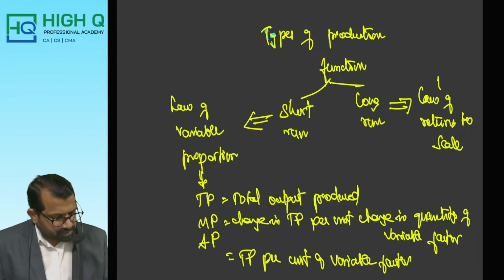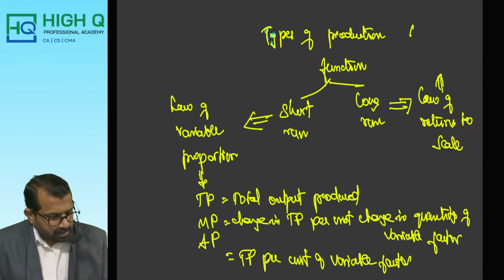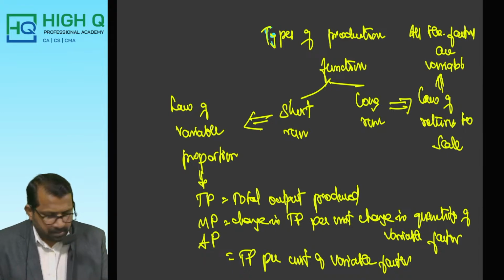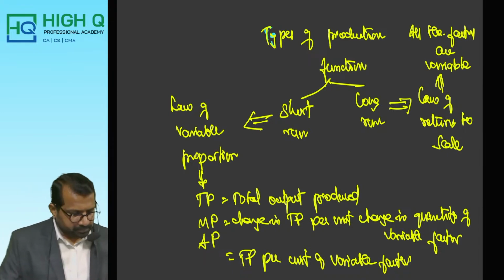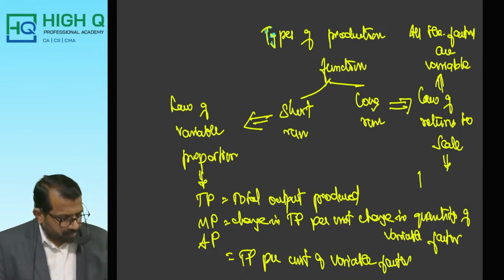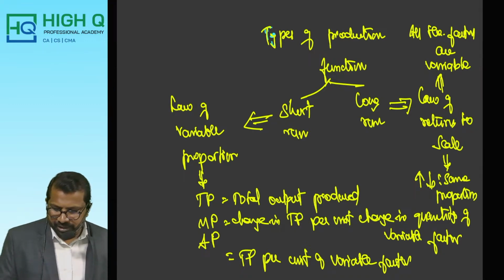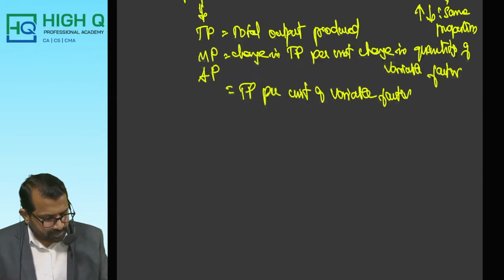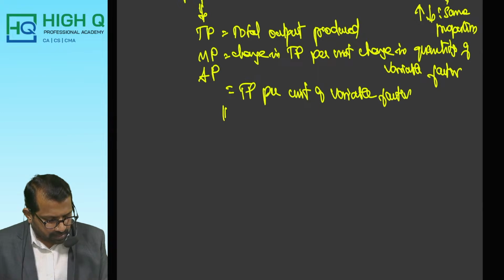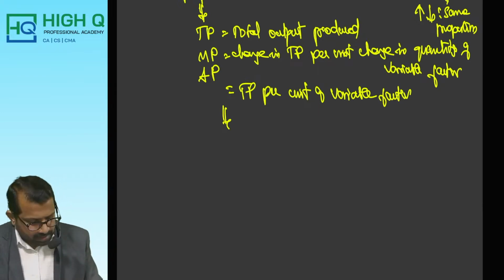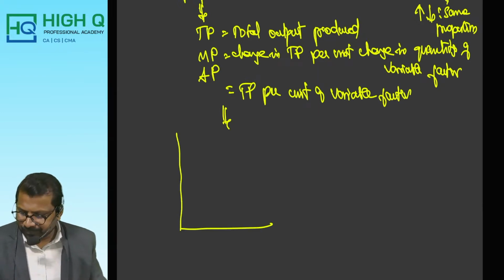Law of returns to scale: all the factors are variable, and they increase or decrease in the same proportion. So here, for the law of variable proportion, the diagram will be like this.